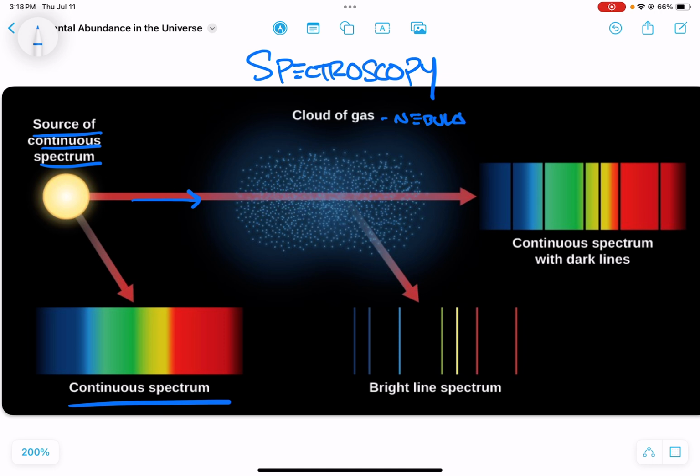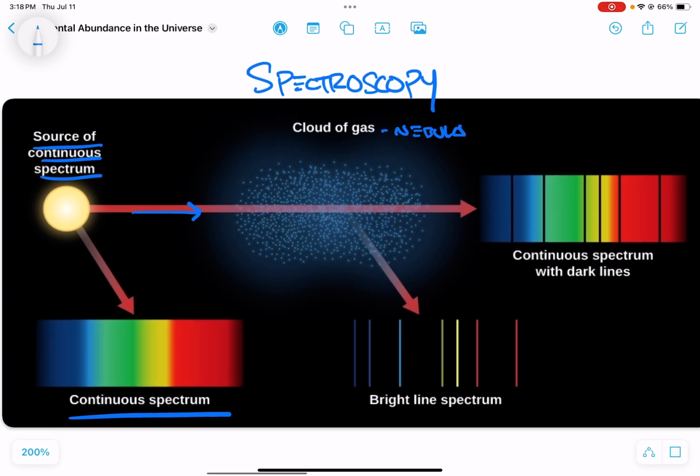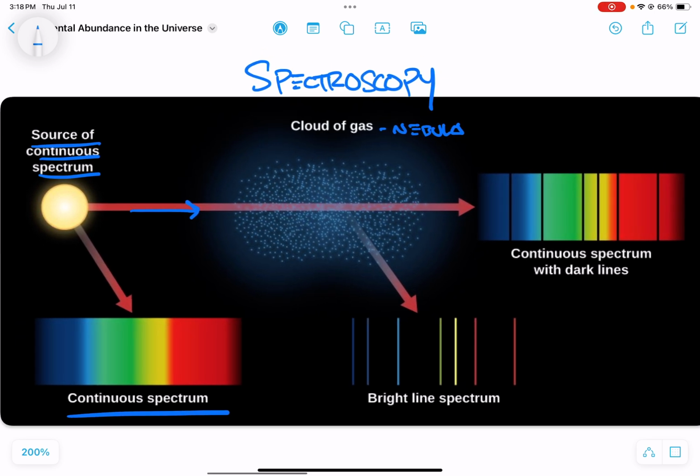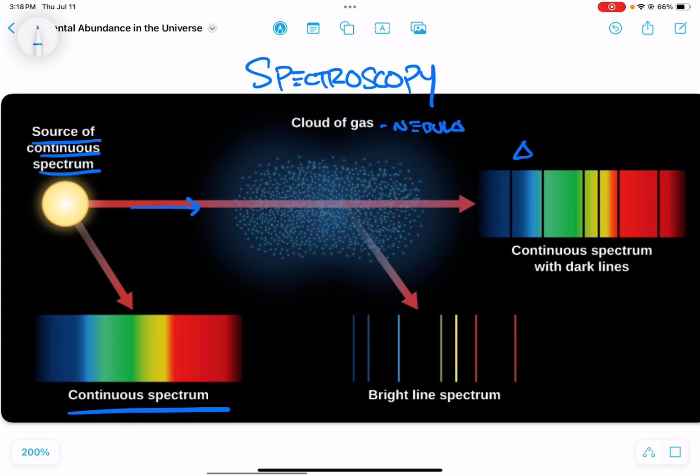Well, those elements, as you can imagine, some of those gas and dust particles will absorb some of that light. In other words, not all of the light passes through. It gets absorbed, okay?